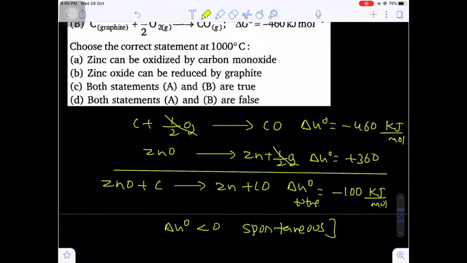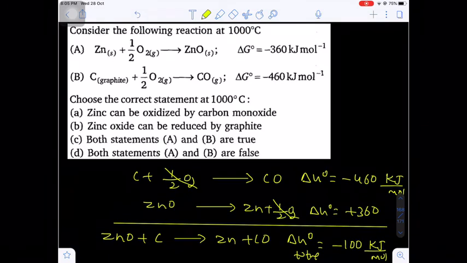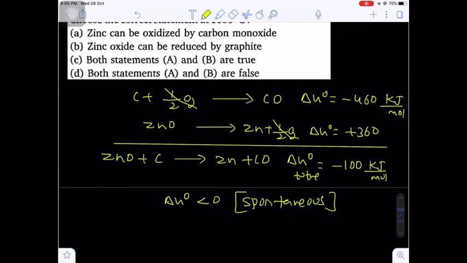Yes, spontaneous. That's why I am taking the negative delta G naught value as it is, and the more negative delta G naught value as it is. If the equation with the less negative delta G naught value is interchanged, that gives positive delta G naught. If you add these two reactions, if the resultant delta G value is negative, the process will be feasible. Otherwise, the process is not feasible.